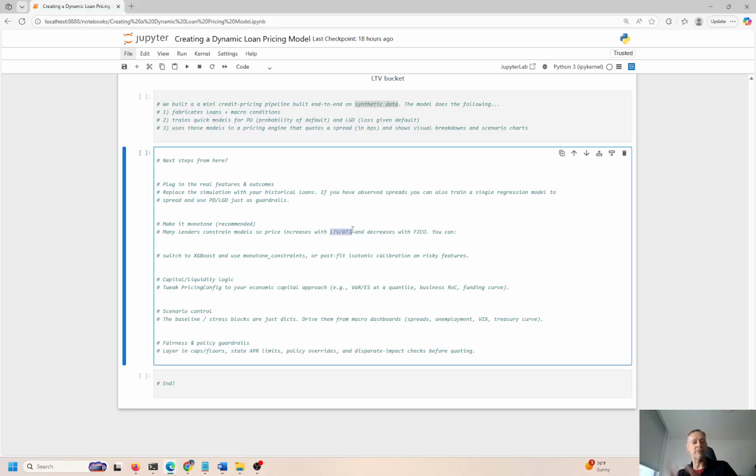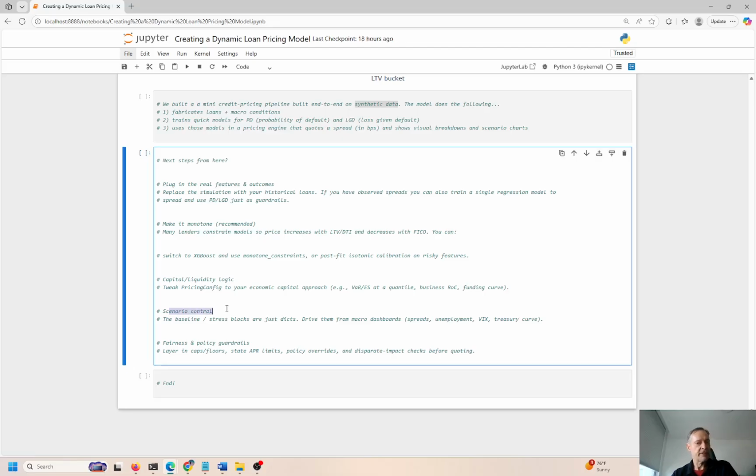So if you're loaning a lot more money, the loan to value increases, and this person has a lot more debt, this is going to be a higher risk, right? So it's something you just want to be aware of, or you might cap it or just not issue loans to people that have these types of profiles, right? So capital liquidity is key. You want to be very liquid. We saw a lot of liquidity issues during the 2008 financial crisis.